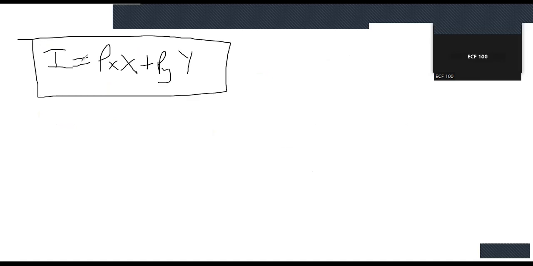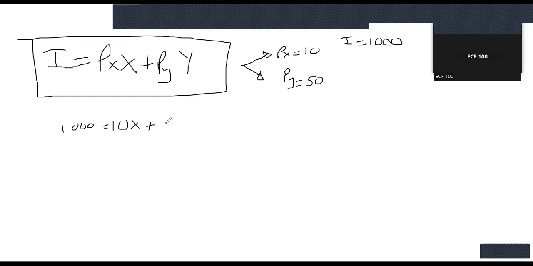Whereas I stands for the income, PX stands for the price of X, PY stands for the price of Y. So in an event where you're told to suppose we have an income of 1,000 kwacha, and we are told the price of good X is 10 kwacha and the price of good Y is 50 kwacha, what becomes our income equation? 1,000 is equal to 10X plus 50Y.